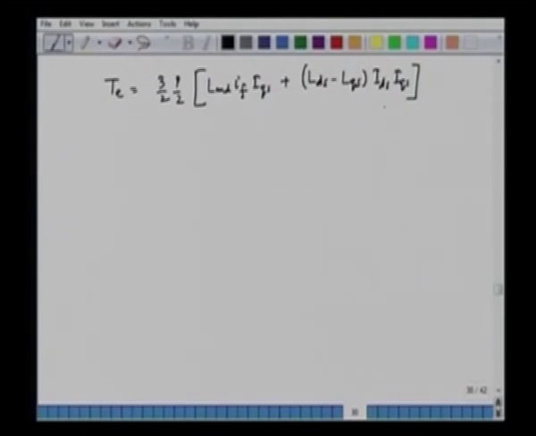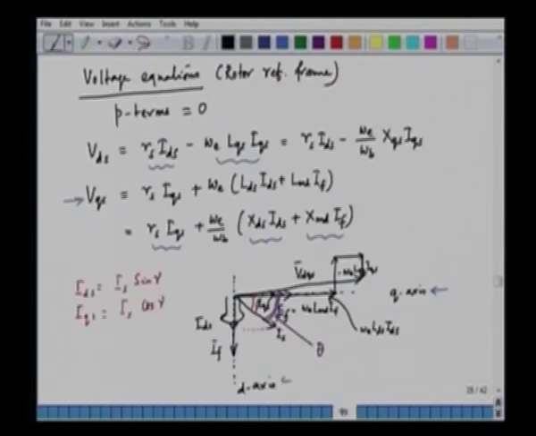Now if we express this in terms of IS only, we can say that Te is equal to 3 by 2 into P by 2 into LMD IF. What is IQS? IQS is given as IS into cos gamma, that we have already seen. Gamma is the angle between IS and the q axis.